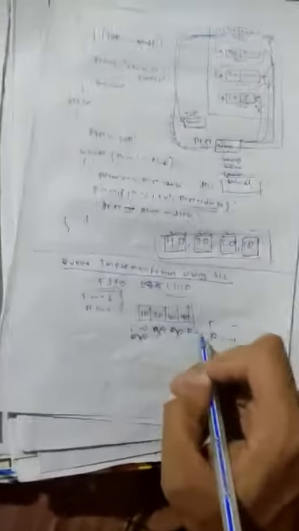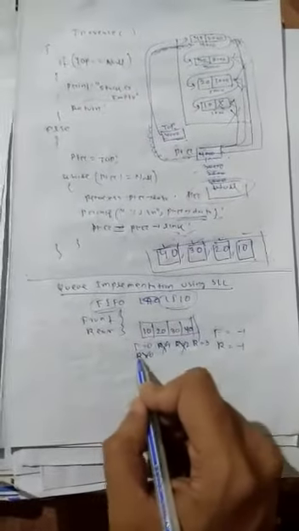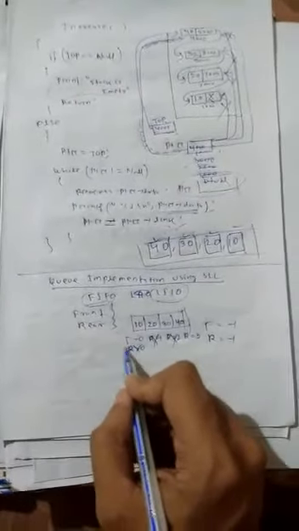Similarly, whenever you insert elements one by one, the rear value is incremented. That is your linear queue. Then suppose we perform deletion. Deletion starts from the front end, so on deletion of one element, front is incremented. That is the property of your queue.